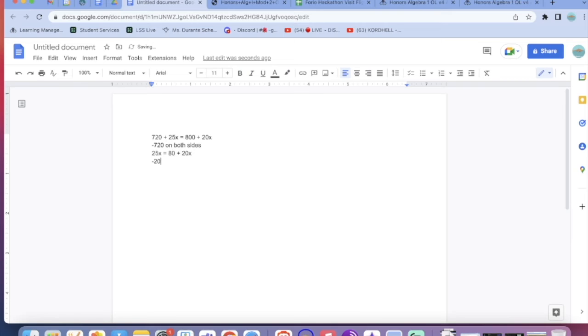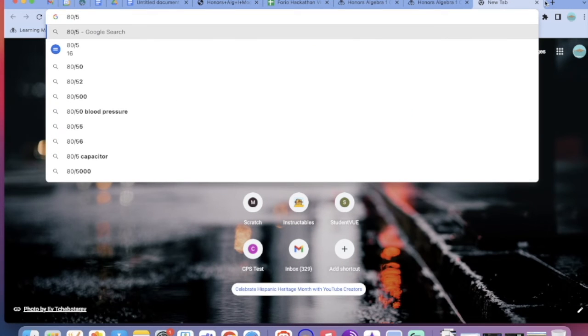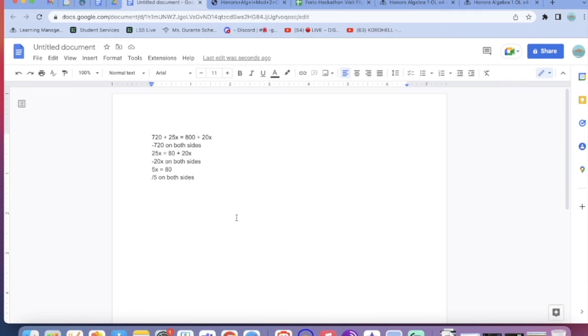If we do minus 20x on both sides, we get 5x equals 80. Now, if we divide 5 on both sides, we get 80 divided by 5, which is 16. So x equals 16.